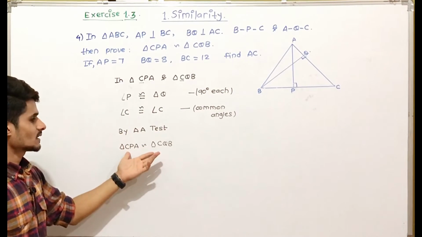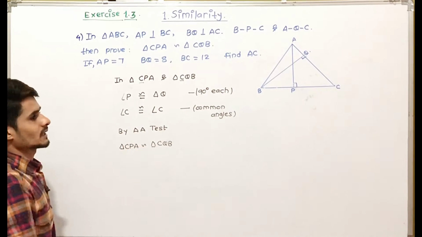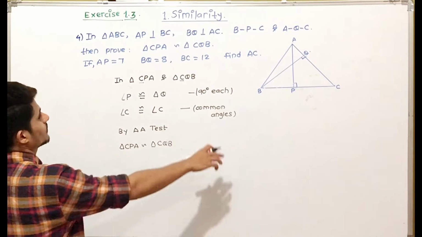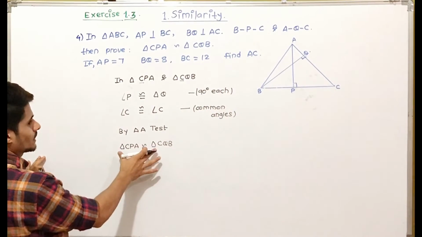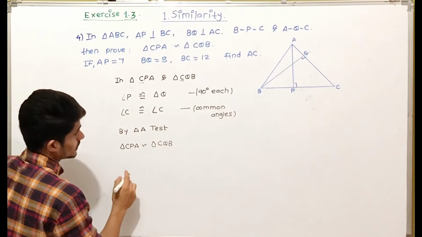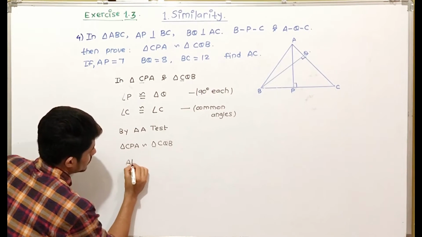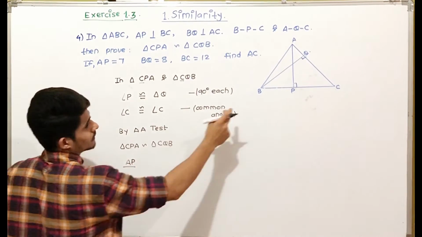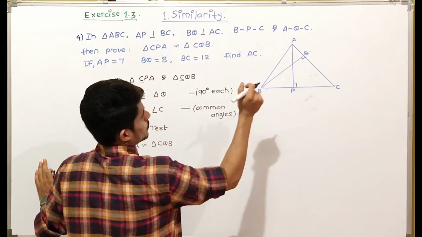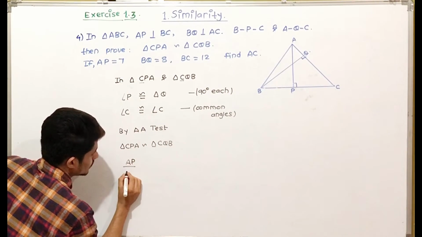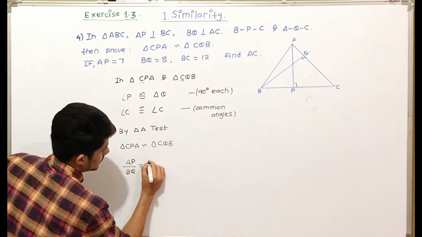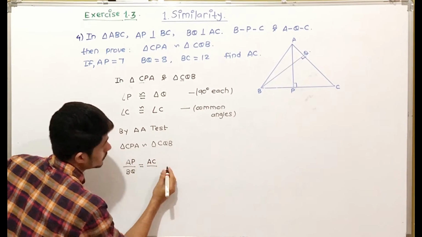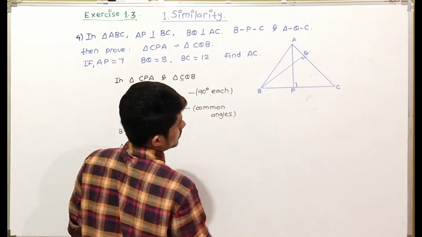Now, once the triangles are similar, we'll take the corresponding sides and find the value of AC. The corresponding sides will be AP upon BQ, the corresponding side of AP, and AC upon BC, the corresponding side of AC.